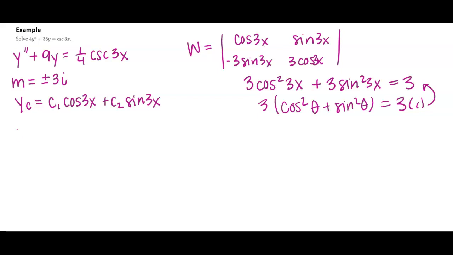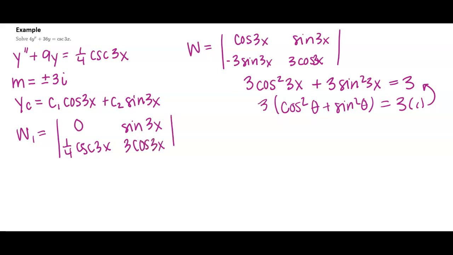All right, let's do Wronskian 1. So in Wronskian 1, I put 0 and then f of x down here. And I end up with negative 1/4. Now cosecant is 1 over sine.